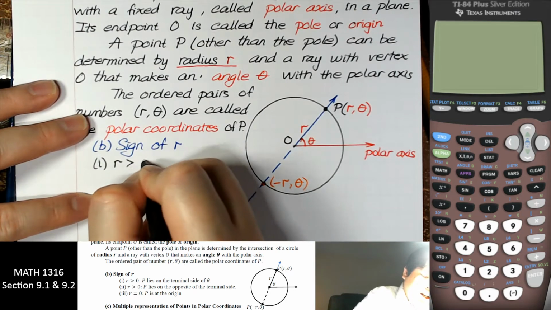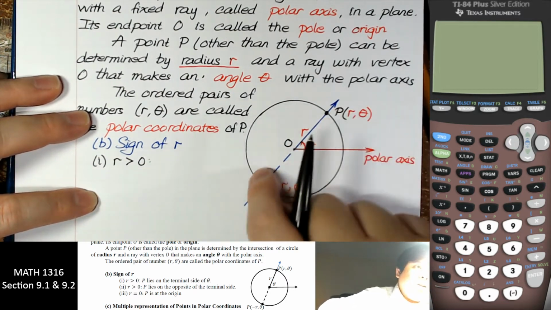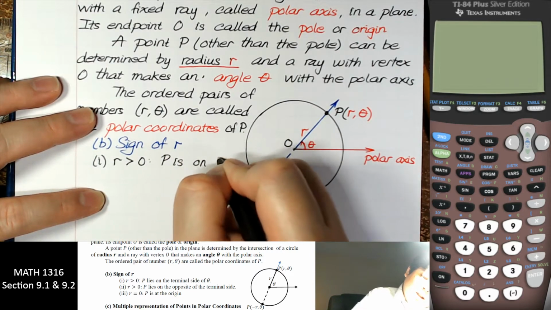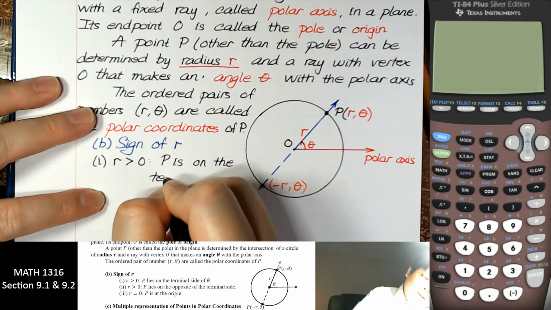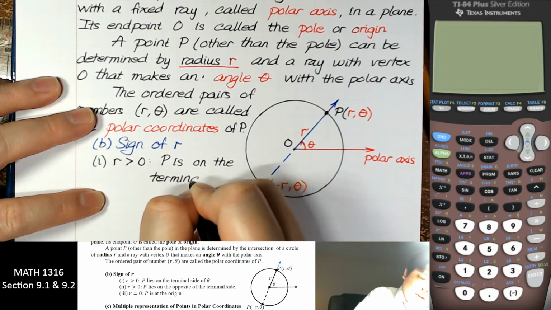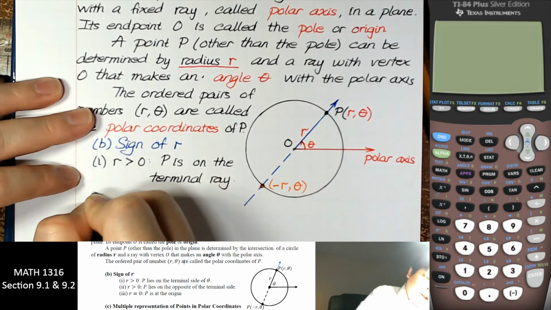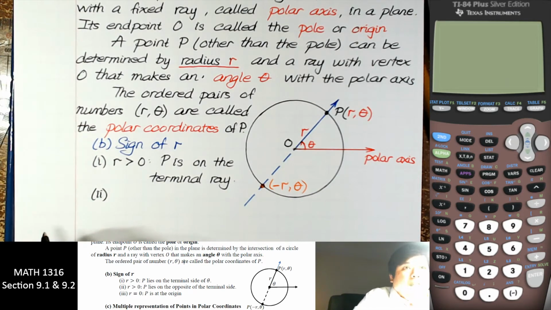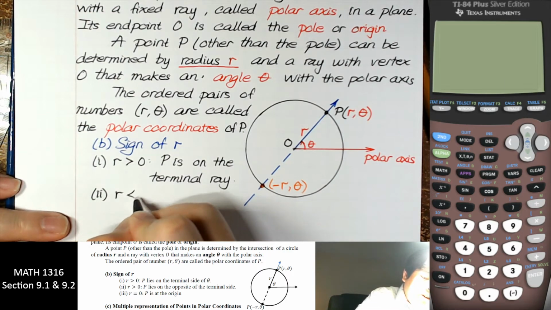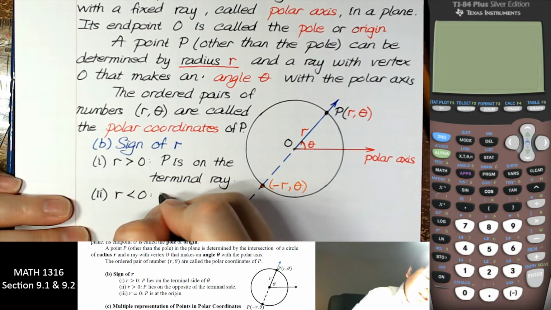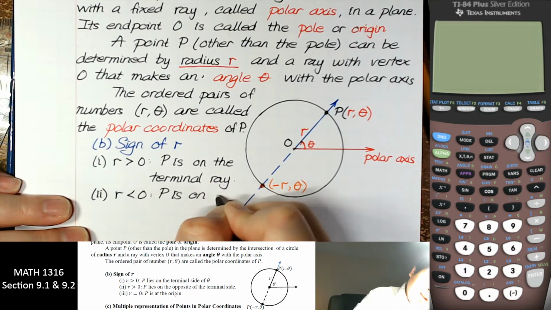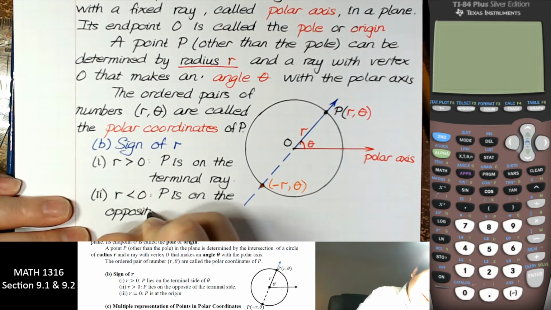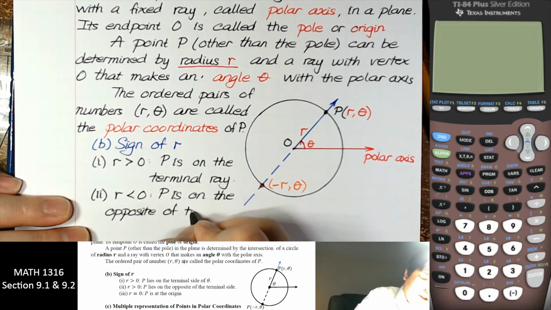If r is greater than 0, the point will be on the same side as the terminal ray. Now, sorry, I made a typo on the note. If r is less than 0, it will be on the opposite side of the terminal ray.